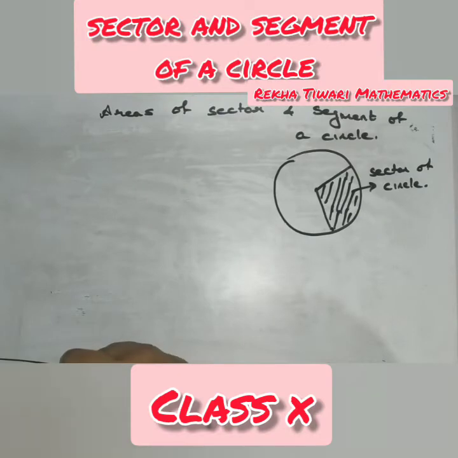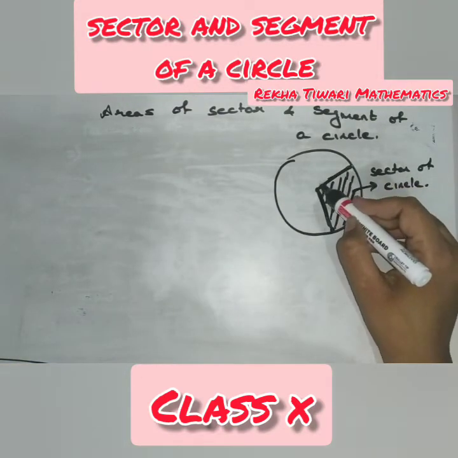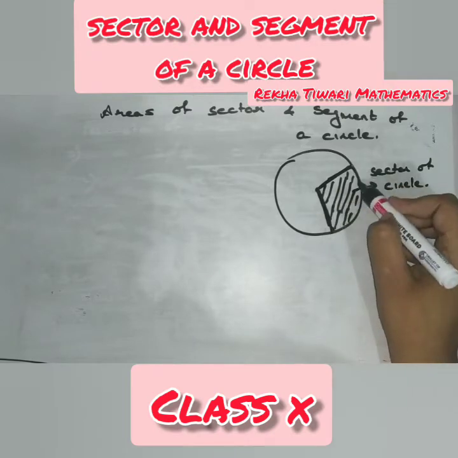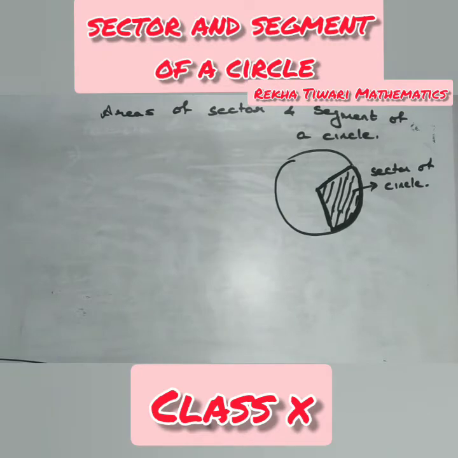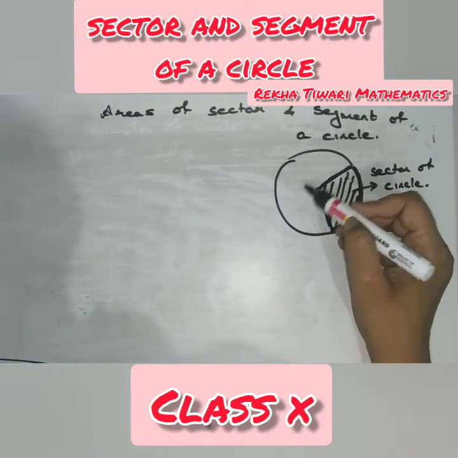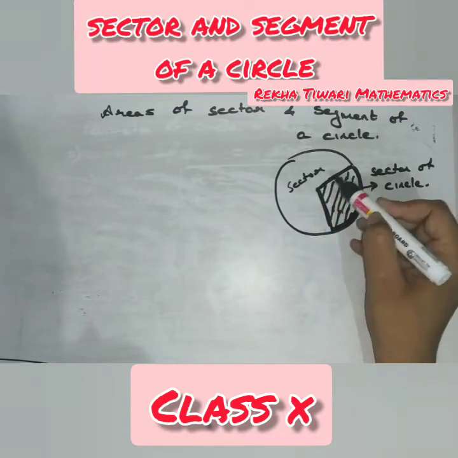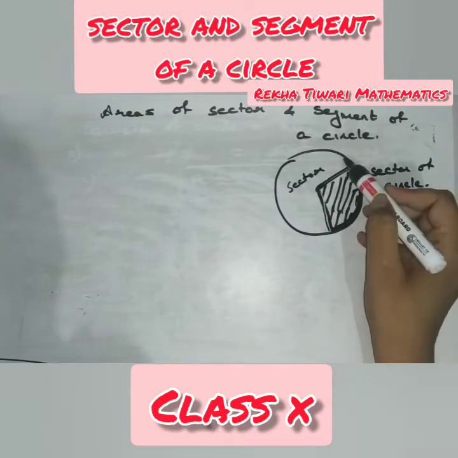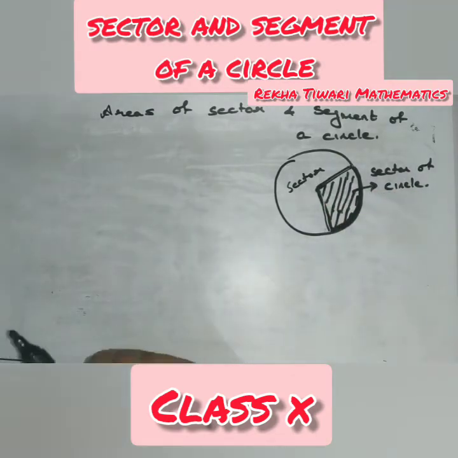Now, if you look at the figure carefully, the region bounded between two radii and the arc of the circle. Could I call this one as the sector? Definitely, this is also the sector, because again two radii are there and this is the arc of the circle, so it also becomes a sector.